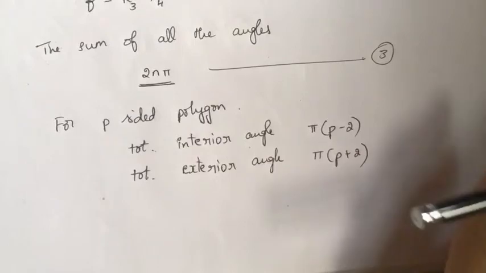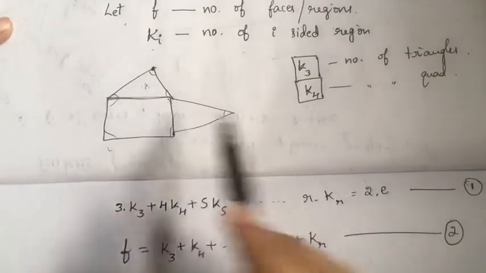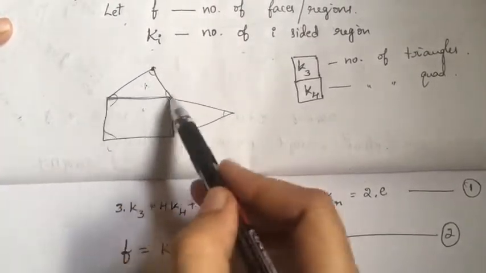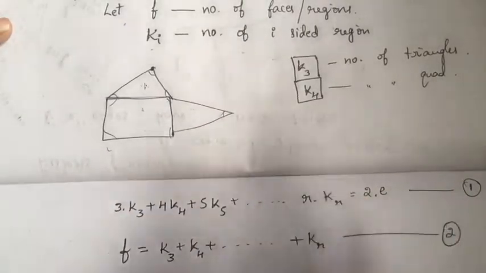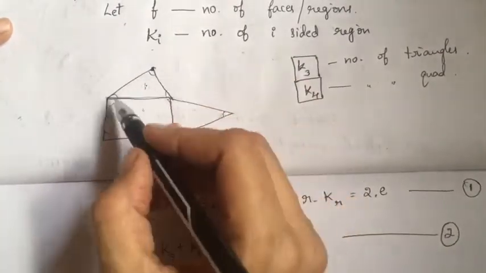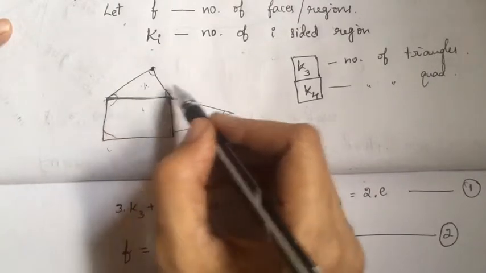Now what happens is, when I consider such graphs, the total interior angle gives me the sum of all these interior angles. No problem with the interior. But when I consider the sum of exterior angles, for this polygon, the exterior angle is this.